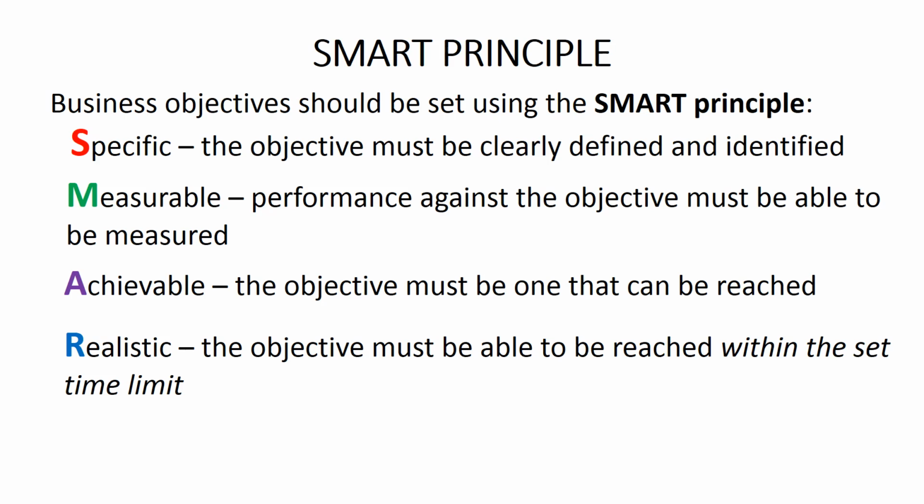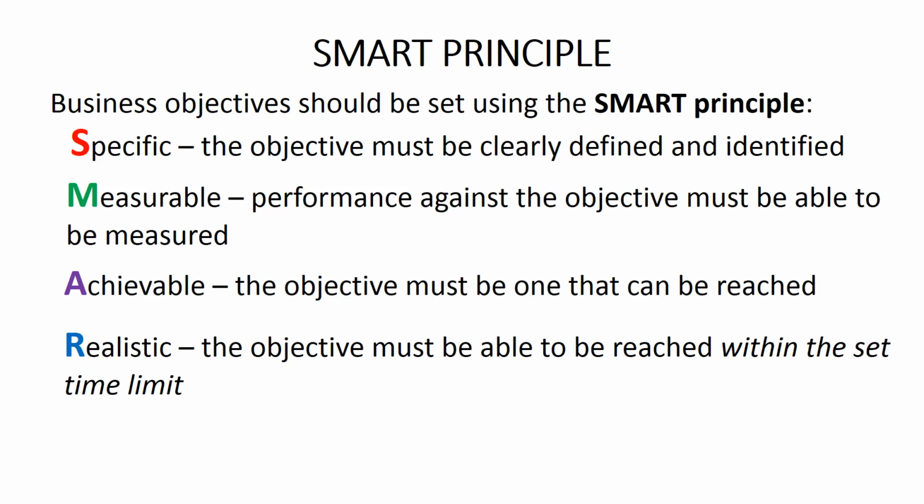So this means that an objective may be achievable but not realistic. For example, it may be that a business has the objective of increasing its market share by 5% within 1 month. That objective might not be realistic because the 1 month time frame is simply too short a time frame for the business to increase its market share by 5%.